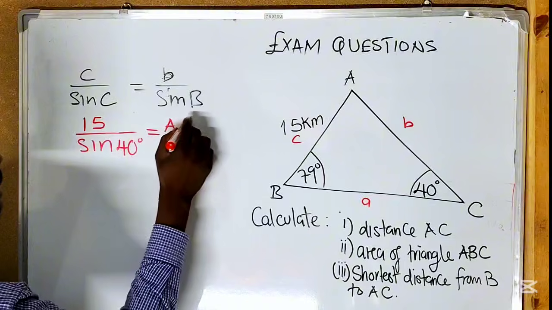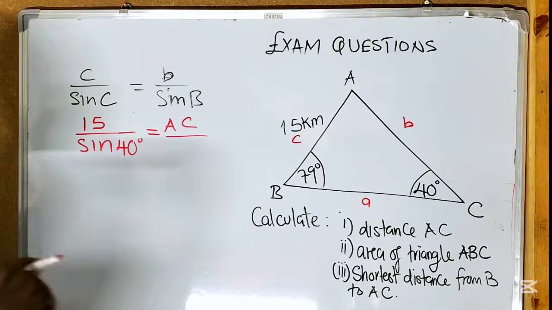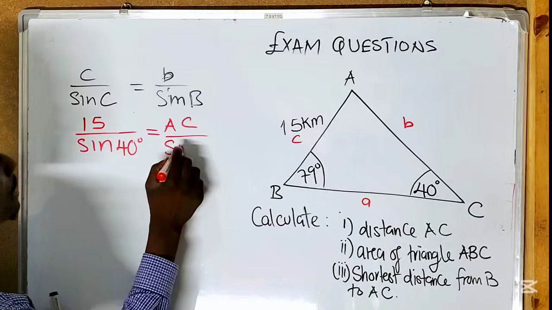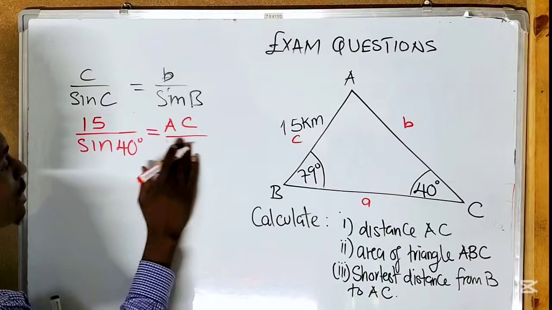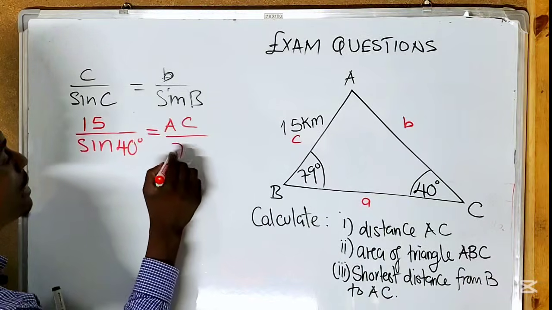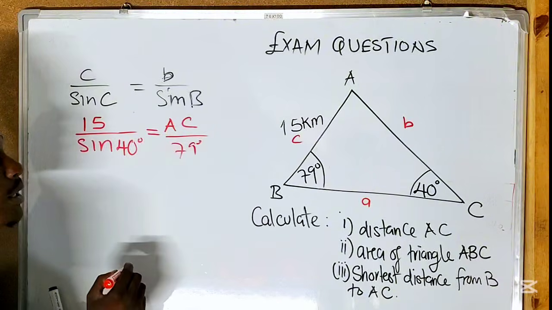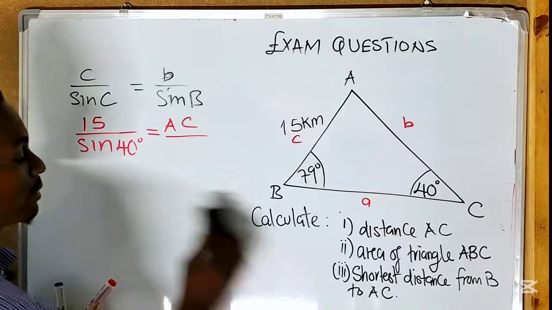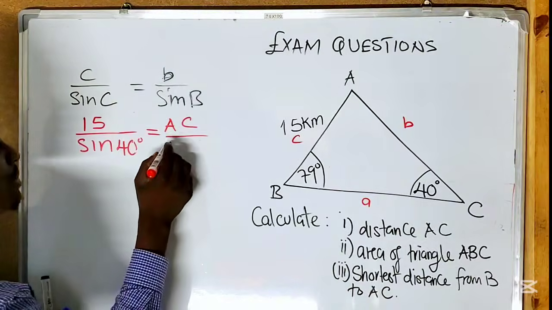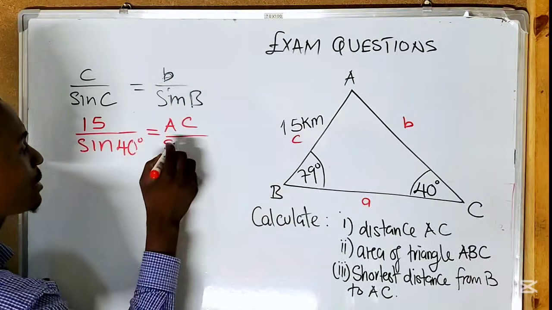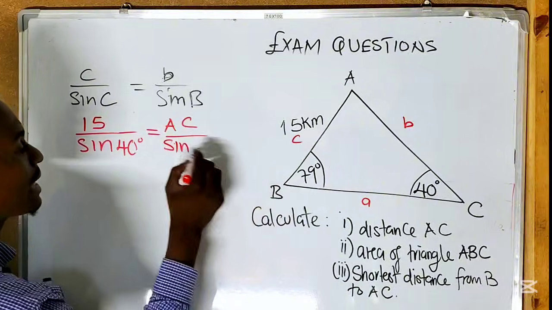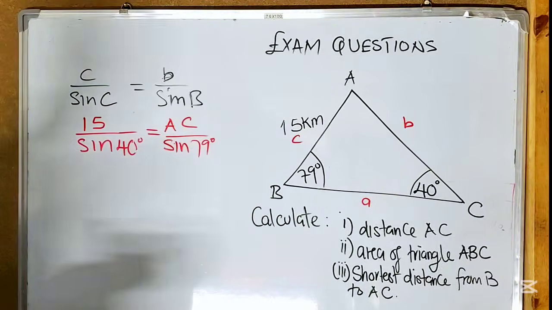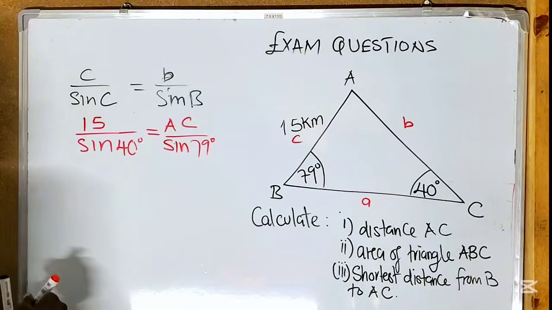So AC over sine B. Don't just substitute sine B as 79 degrees for the side; substitute b, which is the side, and sine B, where B is the angle, which is 79 degrees. All right? Then let's cross multiply.